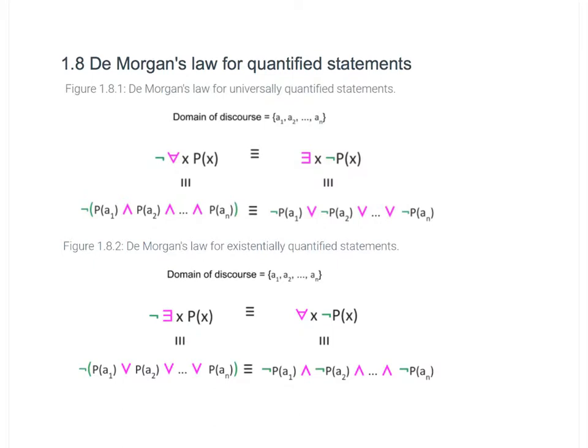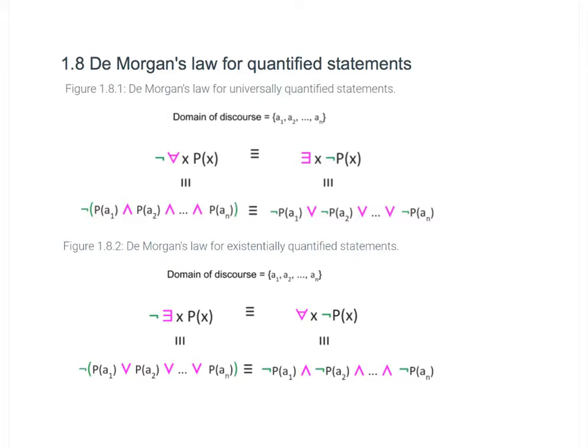Next, we're going to talk about how to negate a quantified statement using the extension of De Morgan's law. So I'm sure that you remember De Morgan's law. It is a law that specifies the appropriate way for distributing a negation over a disjunction or a negation over a conjunction.